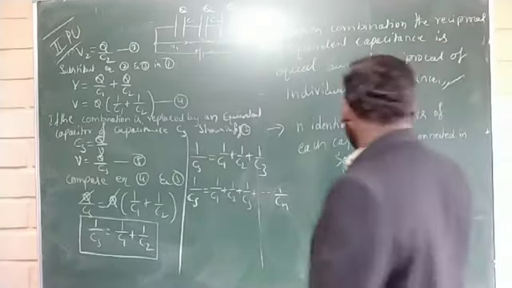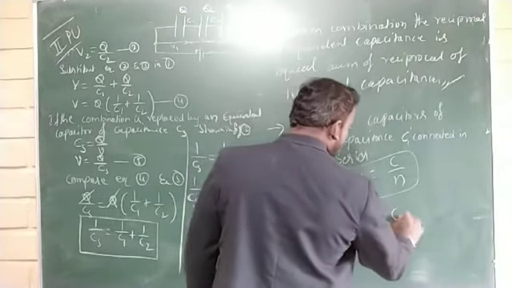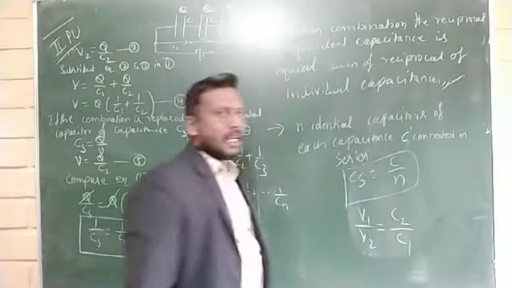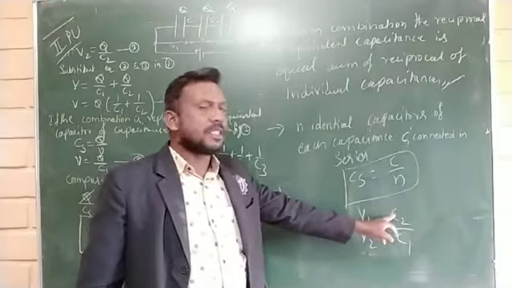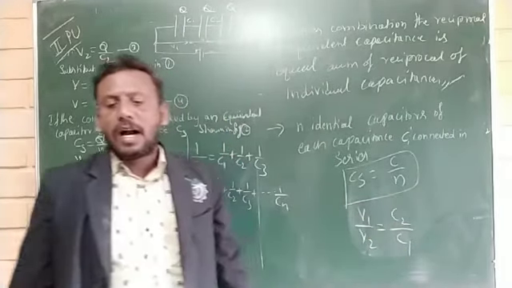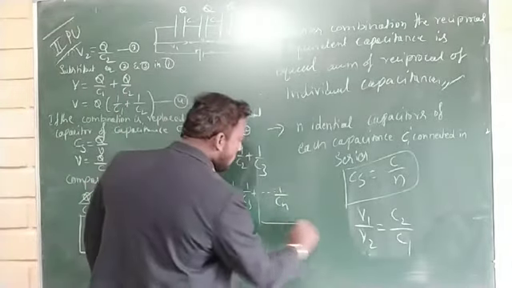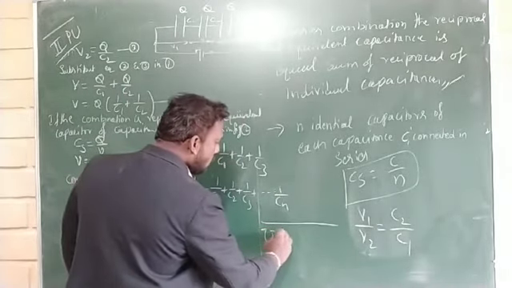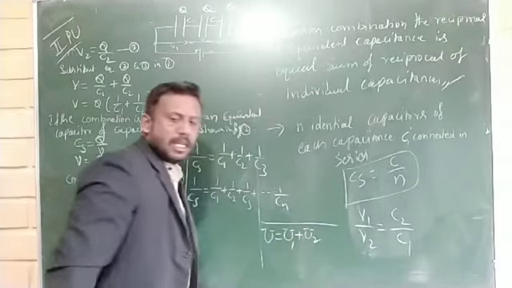And the ratio of potentials V1 divided by V2 is equal to C2 divided by C1. And energy stored in series combination U is equal to U1 plus U2.